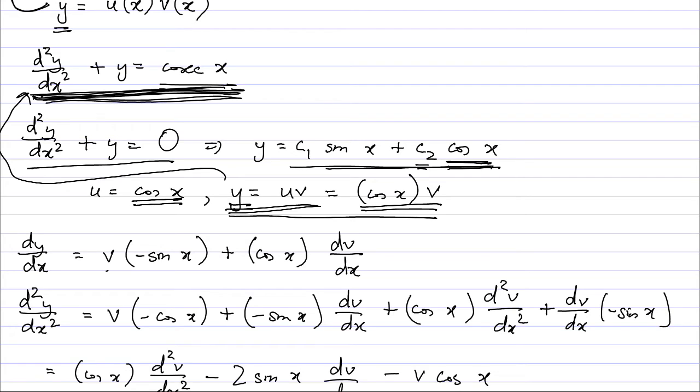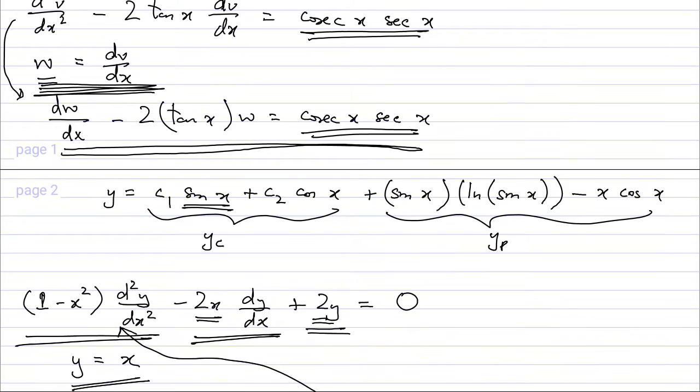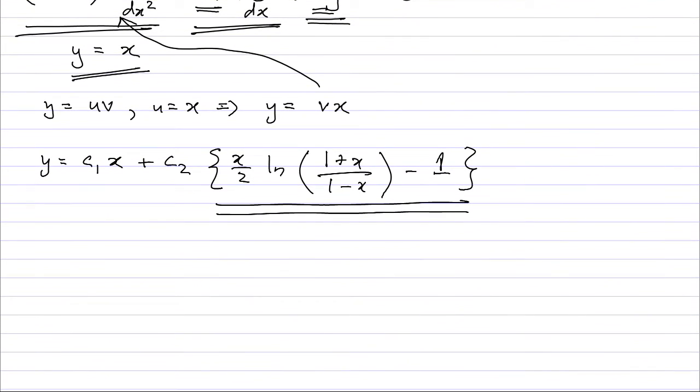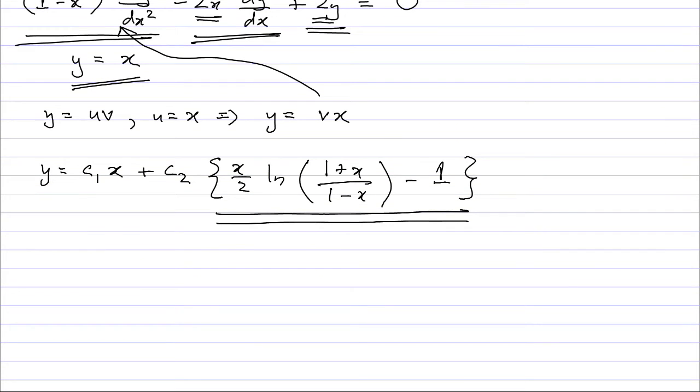Once you have the full complementary function, this second method, known as the variation of parameters method, allows you to very quickly and efficiently find the particular integral. But it relies on the fact that you know the full complementary function, not just part of it. So the variation of parameters method works when you know the full complementary function.